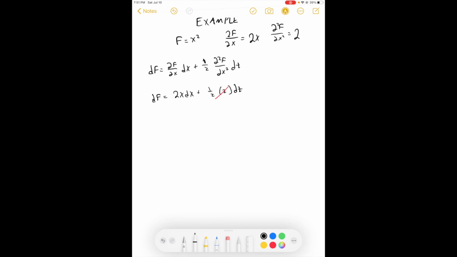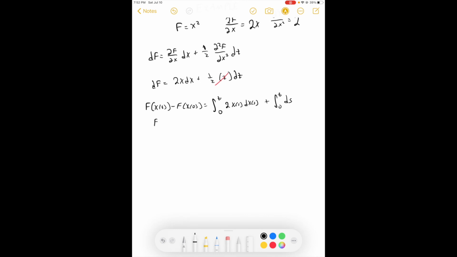So if we're going from 0 to t, then we'll have f of x of t minus f of x of 0 is equal to the integral from 0 to t of 2x of s dx of s plus the integral from 0 to t of just ds.